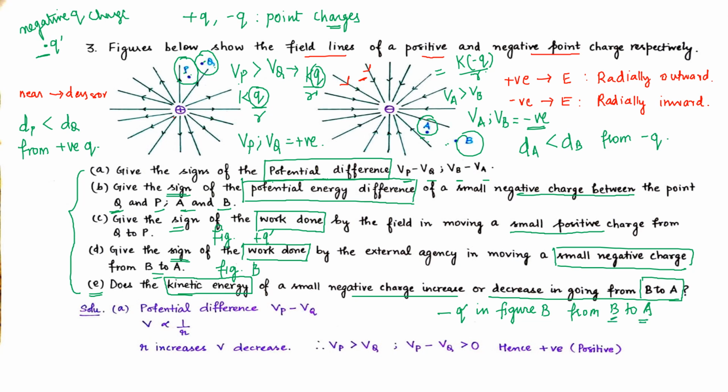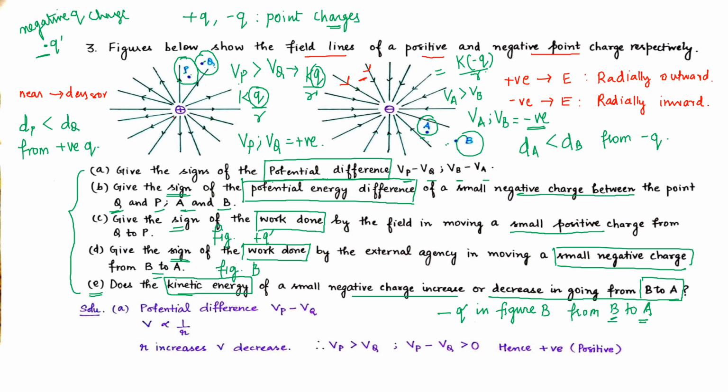What is the condition for the kinetic energy? Is it increasing or is it decreasing? So these are the 5 things we need to find with respect to the given data. In the given data, we have a positive and a negative charge which are giving us some electric field lines.